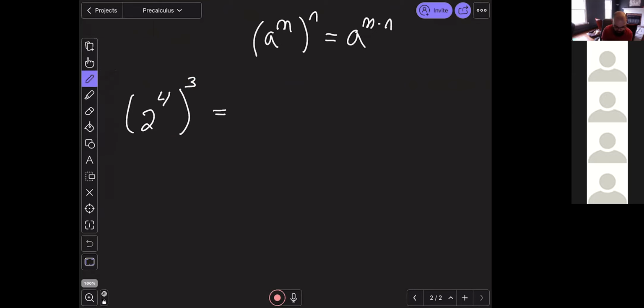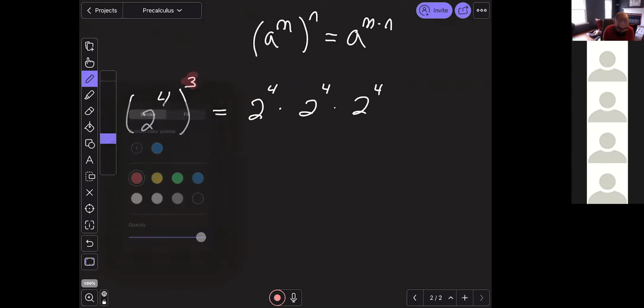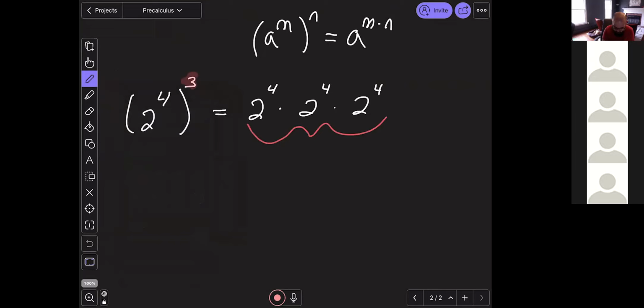So we're going to have 3 copies of 2 to the 4th. So we'd have 2 to the 4th times 2 to the 4th times 2 to the 4th, right? So we'll go ahead and highlight this 3 in red. This 3 means we have 3 copies of 2 to the 4th power.